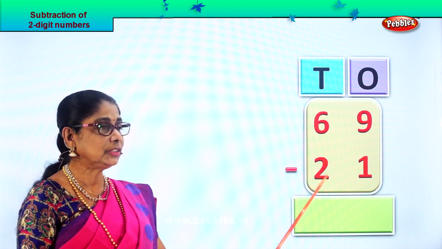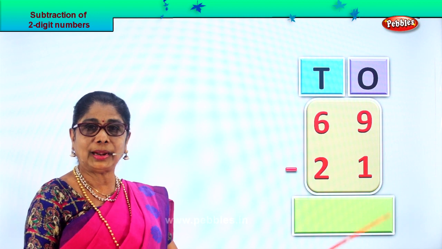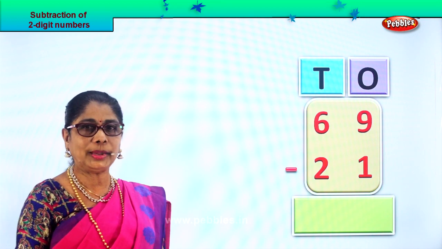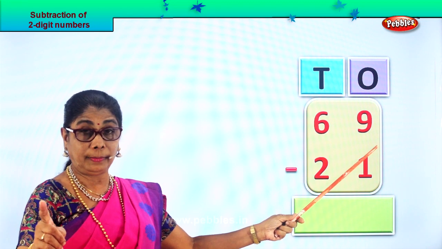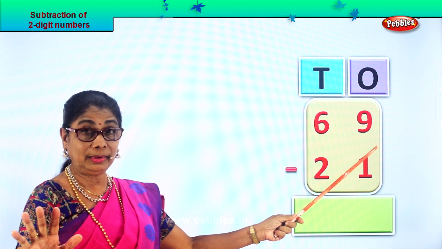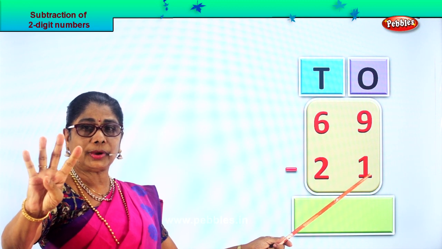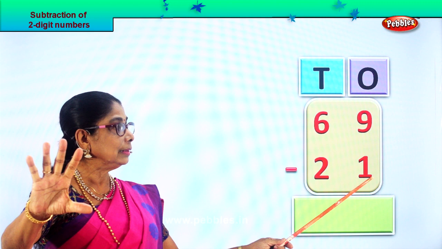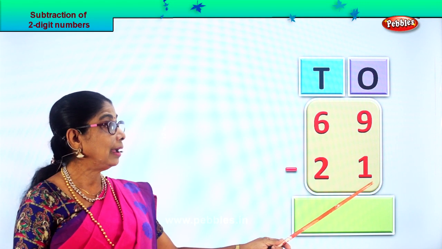Good. Did you enjoy? Let's go on to another new sum. 69 minus 21. 69 take away 21. In the ones place you have 9 take away 1. You have 9 and you take away 1. 1, 2, 3, 4, 5, 6, 7, 8, 9.